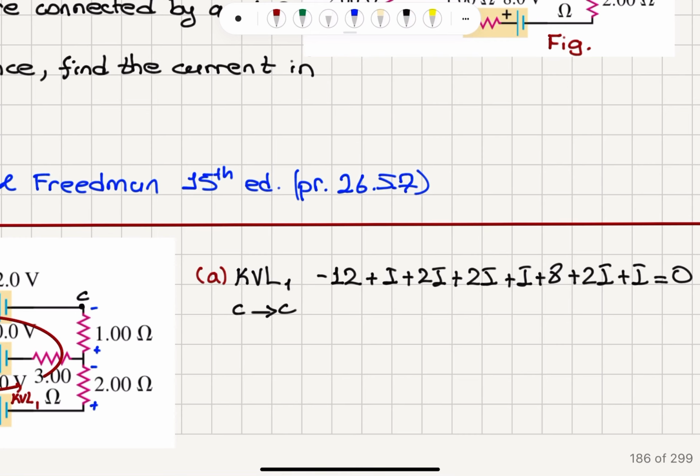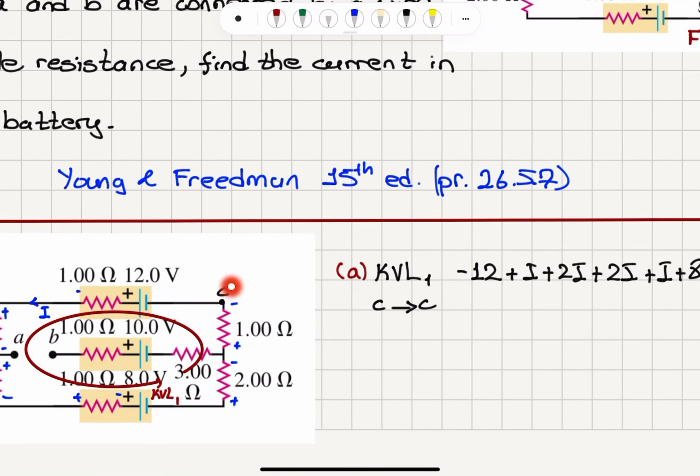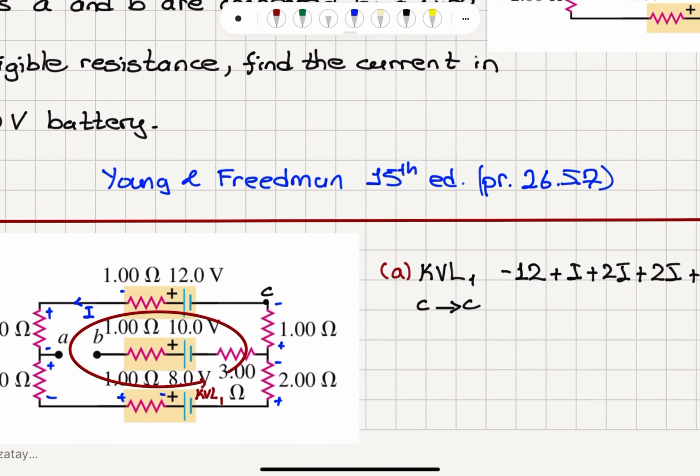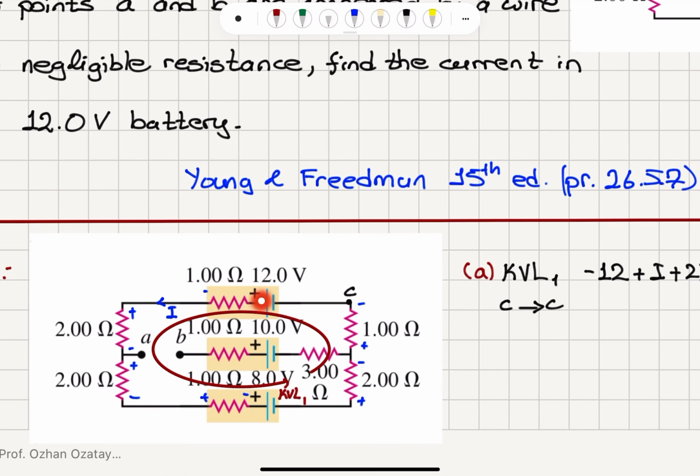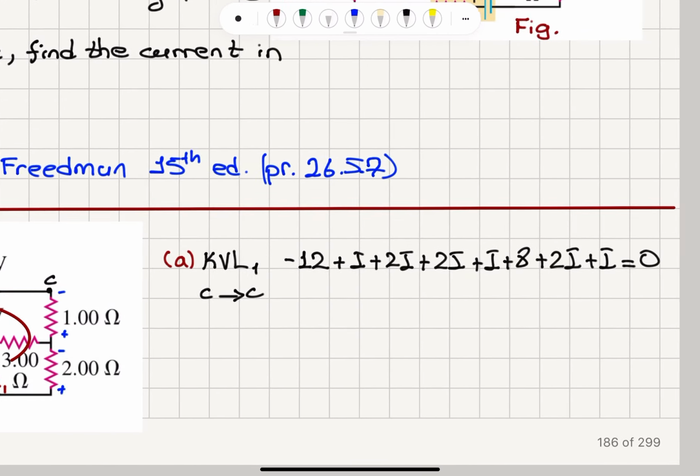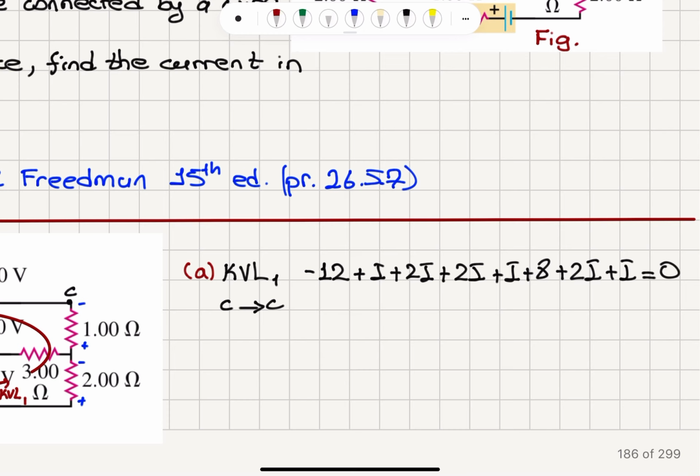This should add up to 0. The voltage difference, voltage of C with respect to C has to be 0. So once again, minus 12 plus I plus 2I plus 2I plus I plus 8 plus 2I plus I. So if I add these values, I get I, 2I, 3I, 5I, 6I, 8I, and 9I.